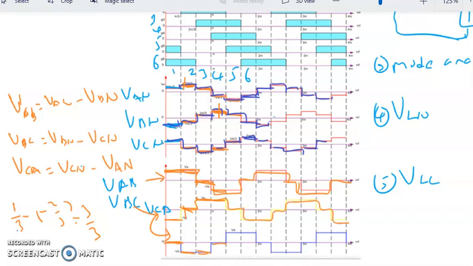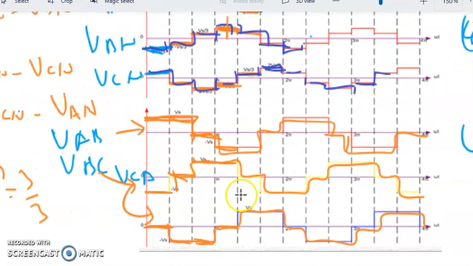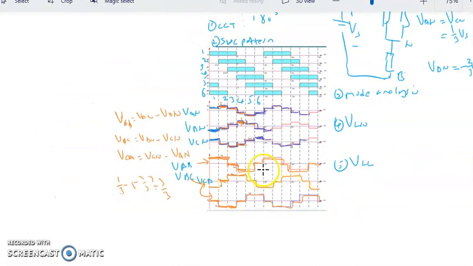So this is the sequence or the steps you need to perform to understand or to analyze all the modes, all the process here.